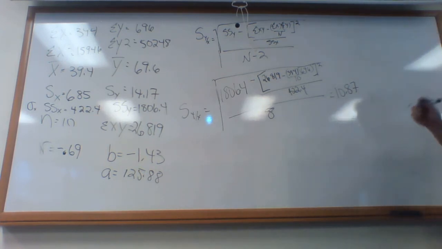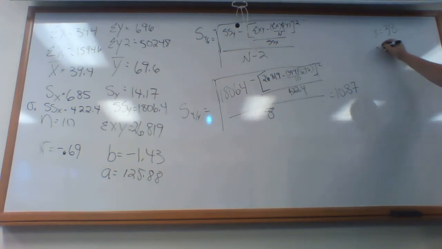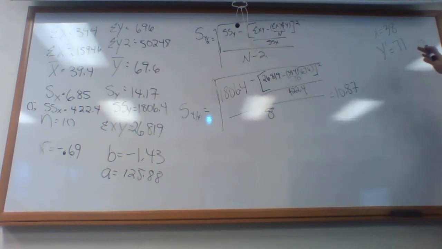If you had an anxiety score of 38 and we predicted a Y score of 71.60, I would say, okay, you predict 71.60, but not all of them will fall there exactly.